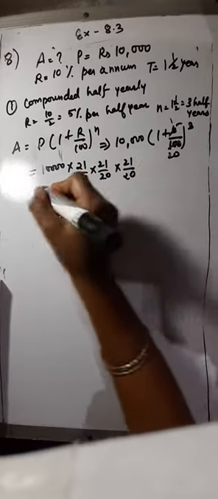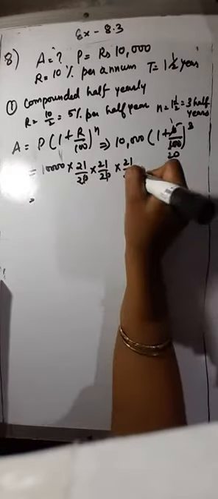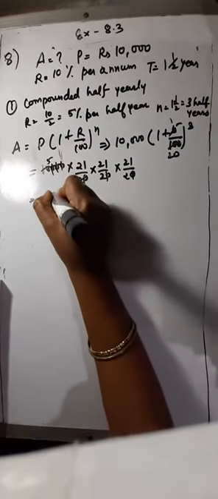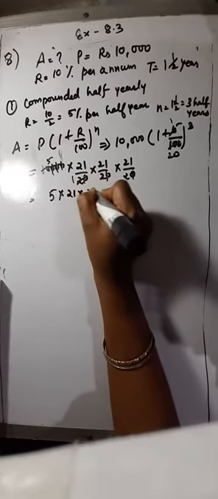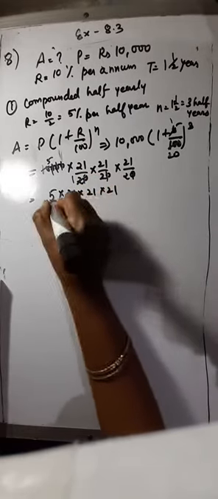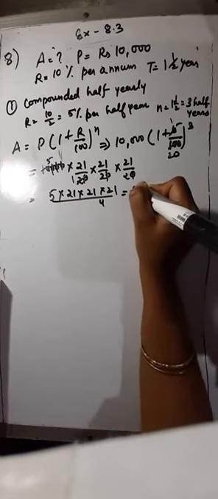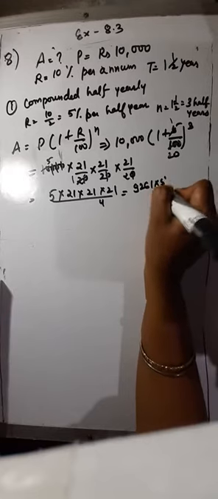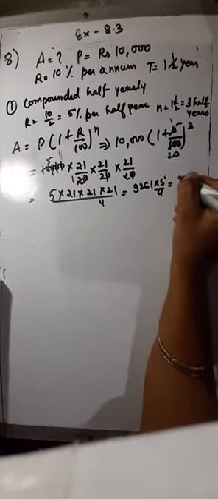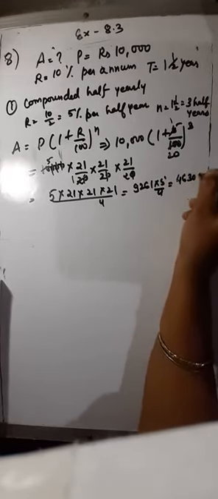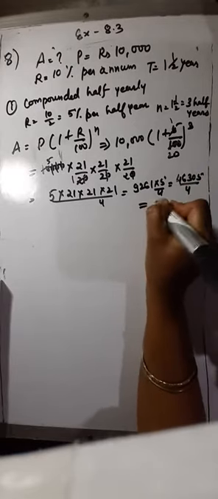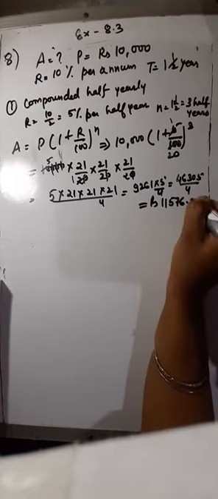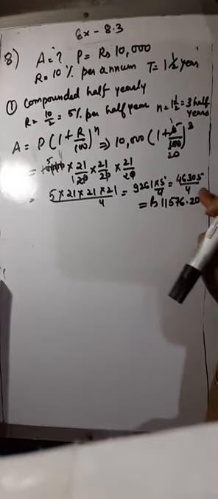We cancel zeros. 5 multiplied by 21 into 21 into 21 by 4 is equal to 9261 multiplied by 5 by 4. We get 46305 by 4 is equal to rupees 11,576.25.